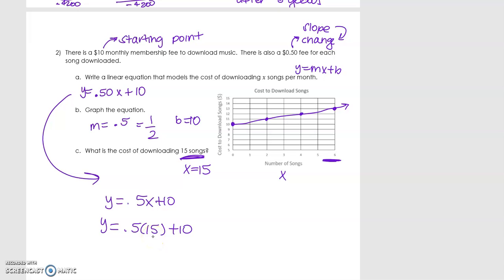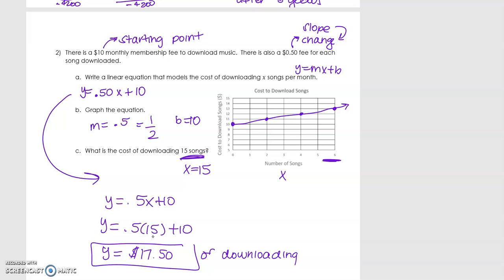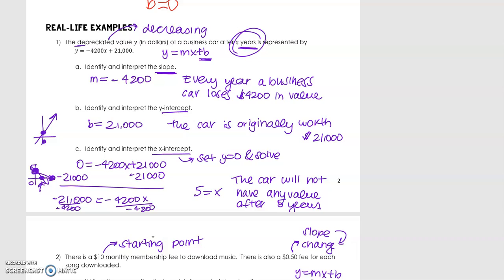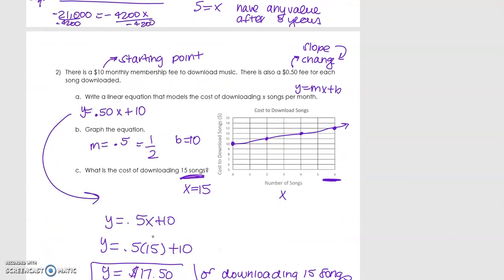We'll do 0.5 times 15, and then I'm going to add 10, and we should get $17.50 is the cost of downloading 15 songs.